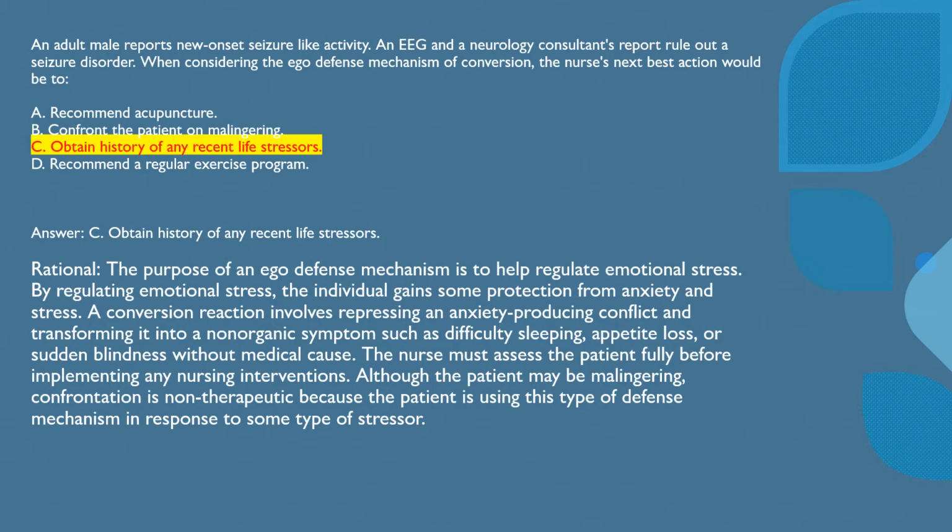The nurse must assess the patient fully before implementing any nursing interventions. Although the patient may be malingering, confrontation is not therapeutic because the patient is using this type of defense mechanism in response to some type of stressor.